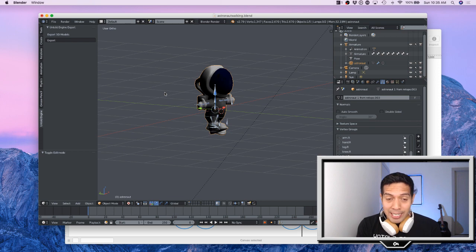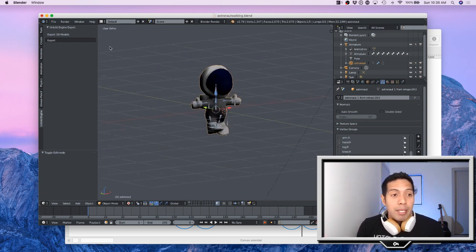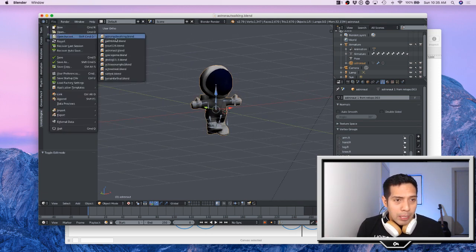It's just that the character was not properly formatted to be used in your engine. Let me give you a good example.